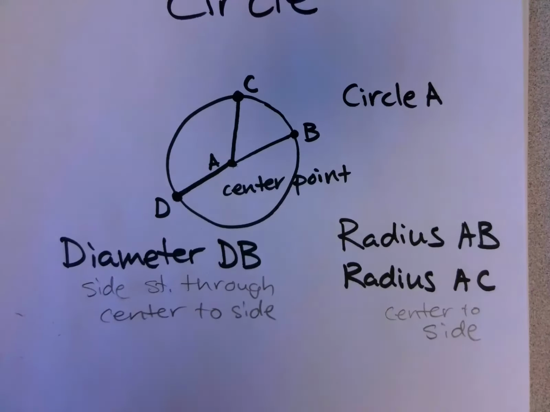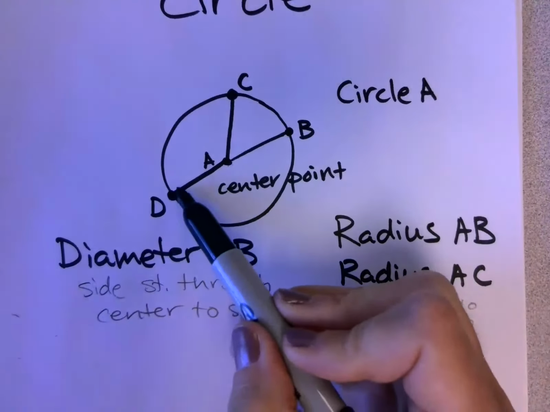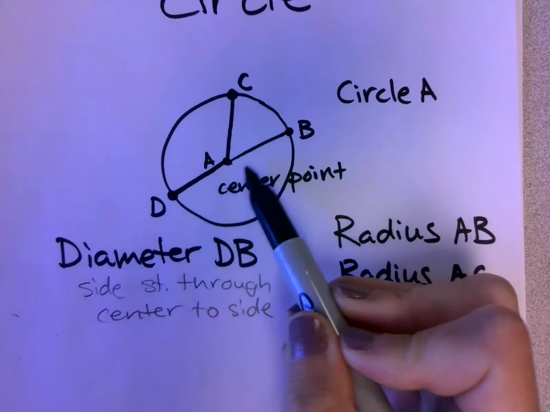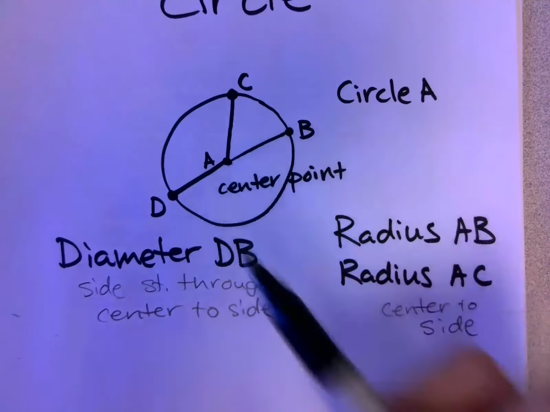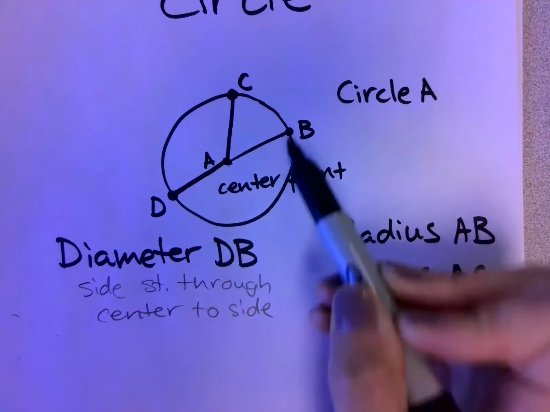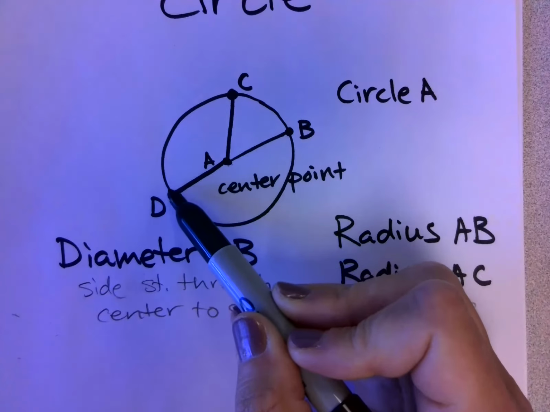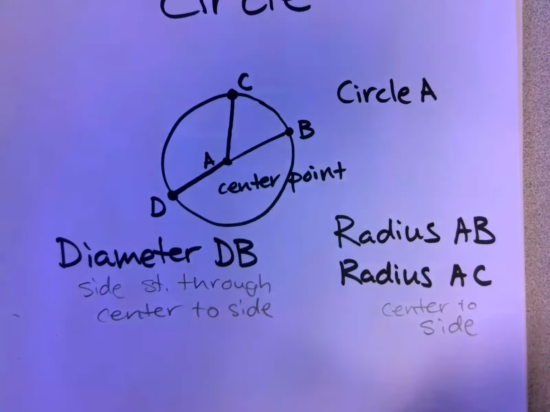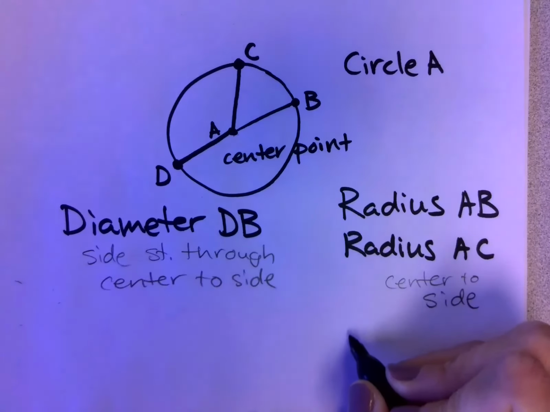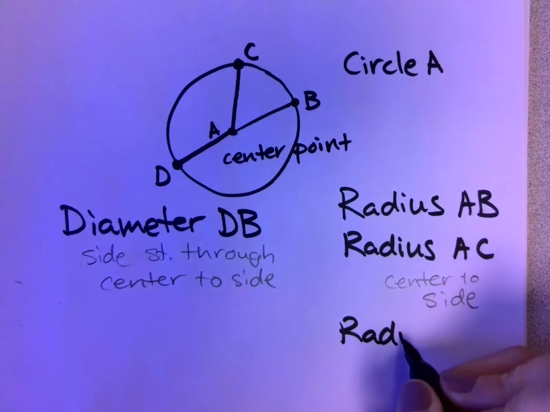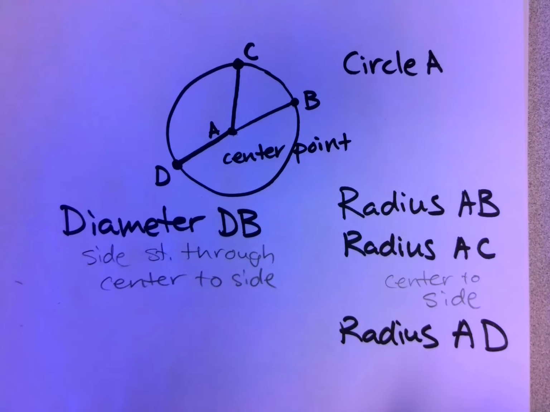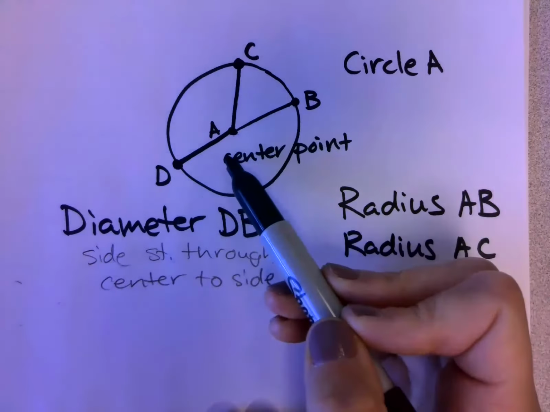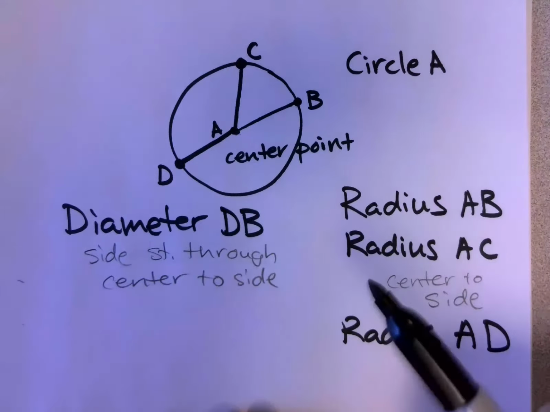Now, what you notice then maybe is that when we create a diameter, it technically creates something else. We have AB as a radius, but when I connected it to make a diameter, it made another radius. So I also have a radius of AD too. Two radii, that's how you say it when there's more than one.